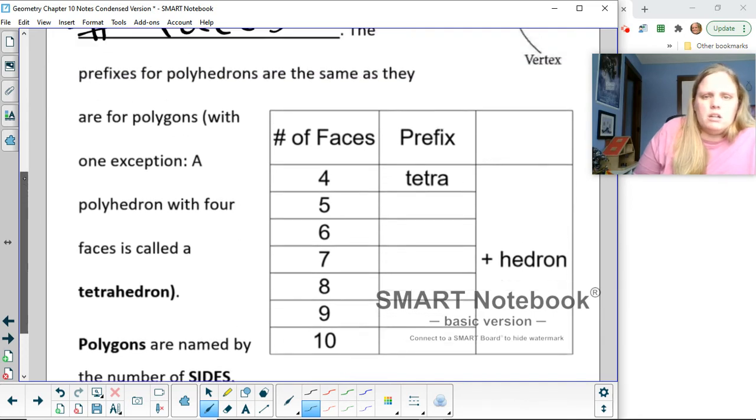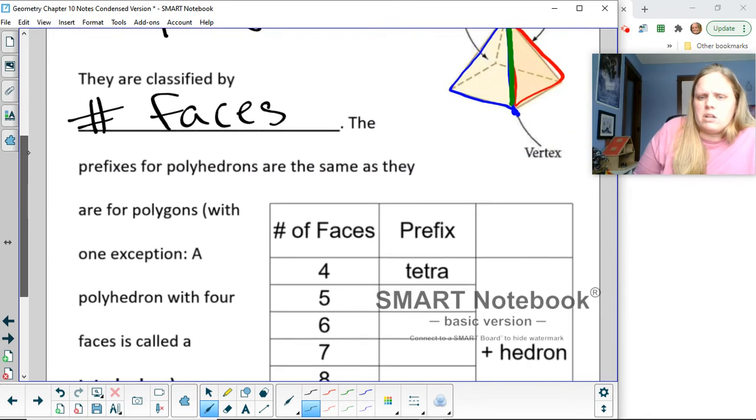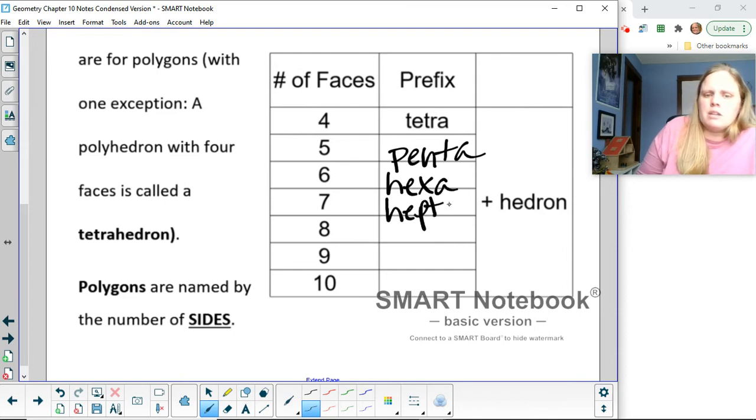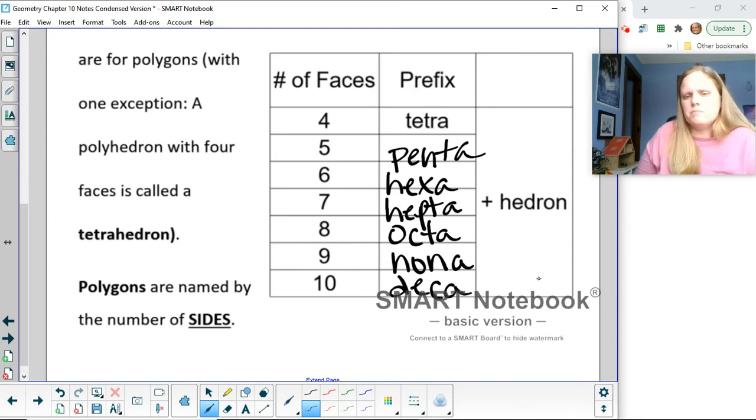So if you had a 4-faced 3D solid, it would be a tetrahedron. 5 is pentahedron. 6 is hexahedron. 7 is heptahedron. 8 is octahedron. 9 is nonahedron. And 10 is decahedron.